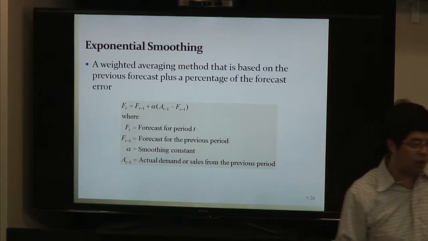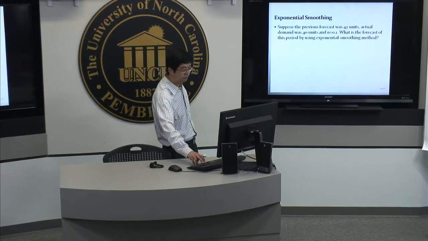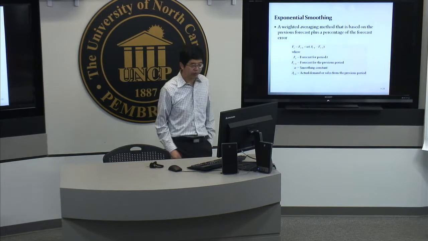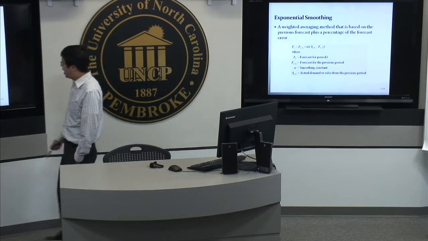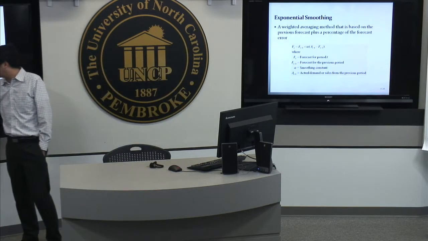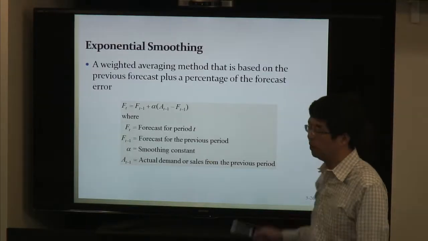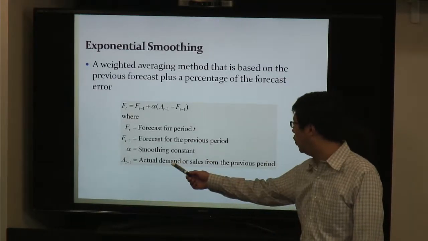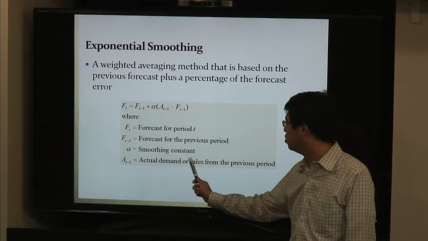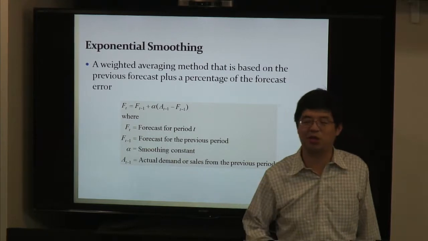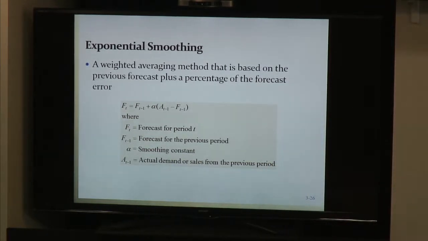Now I want to ask you a question. Here, they say At minus 1 is actual demand or sales from the previous period. What's the difference between these two English words, demand and sales? Are they the same or are they different? Any difference?